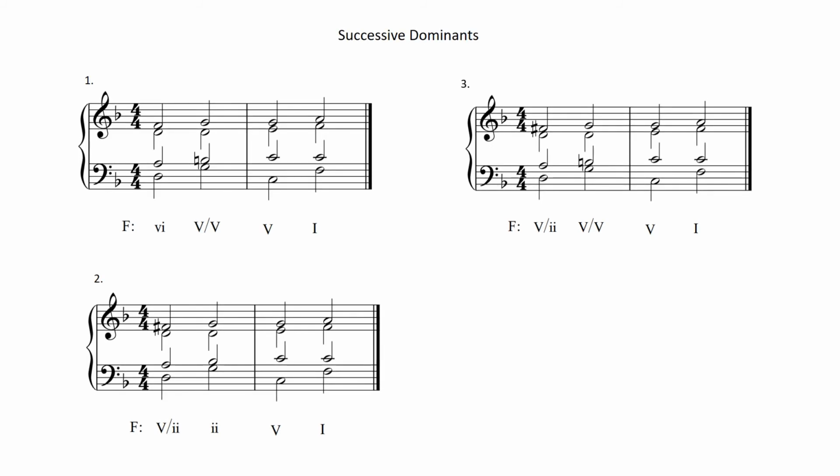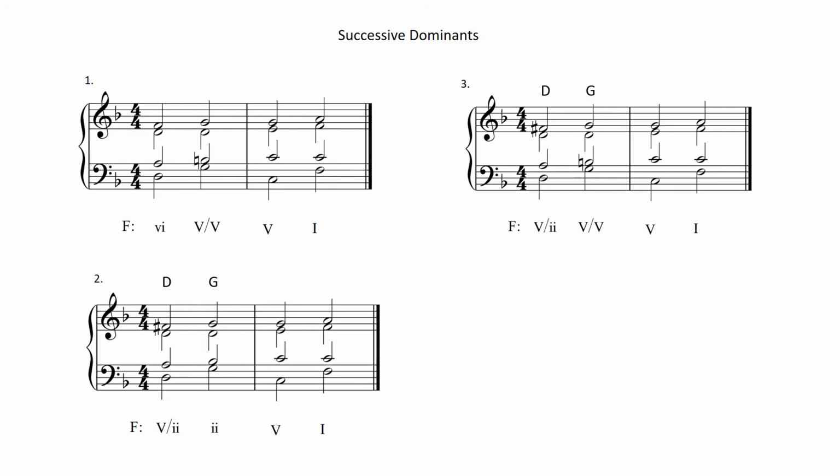Notice that the 5 of 2 secondary dominant is still resolving to a chord whose root is a perfect fifth below or a perfect fourth above its own root. In other words, the D major secondary dominant is still resolving where we expect to a G chord. It's just not a G minor chord or a minor 2 supertonic chord as seen in example number 2.